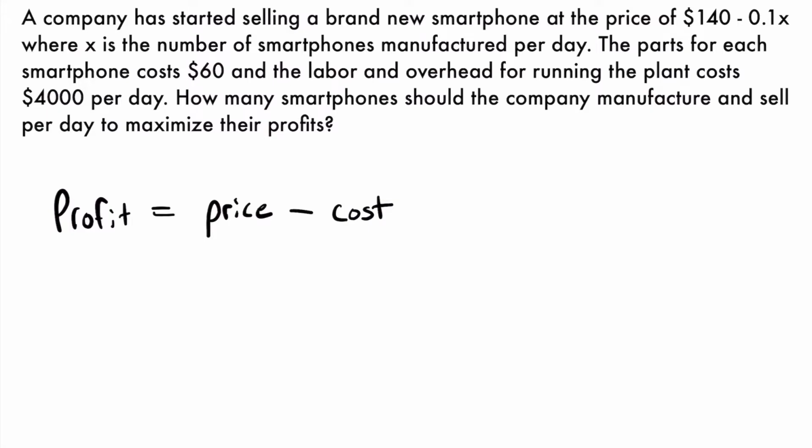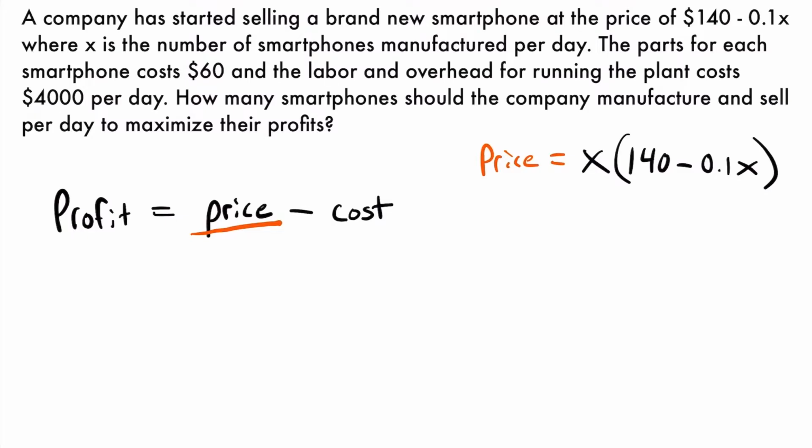So if we want to have an amount that represents the price of multiple smartphones, we will have that the price is equal to that amount, 140 minus 0.1x, multiplied by x, right? If this is the price of one smartphone and x is the number of smartphones manufactured per day, we want to multiply that amount by that price. And that will tell us the total price of all the smartphones produced in one day.